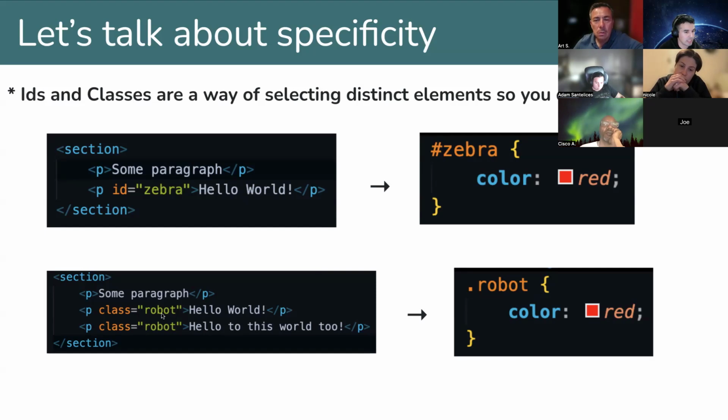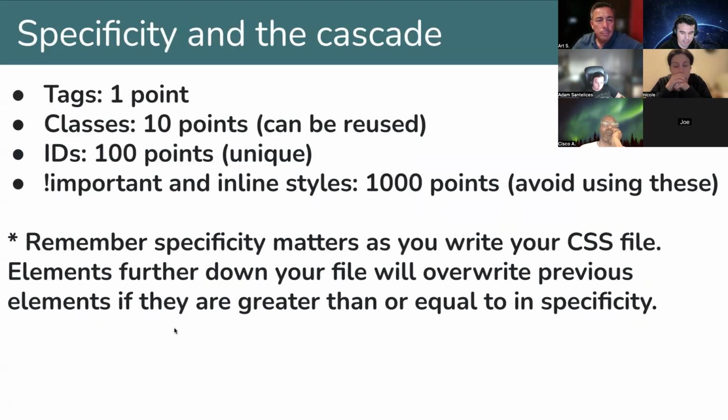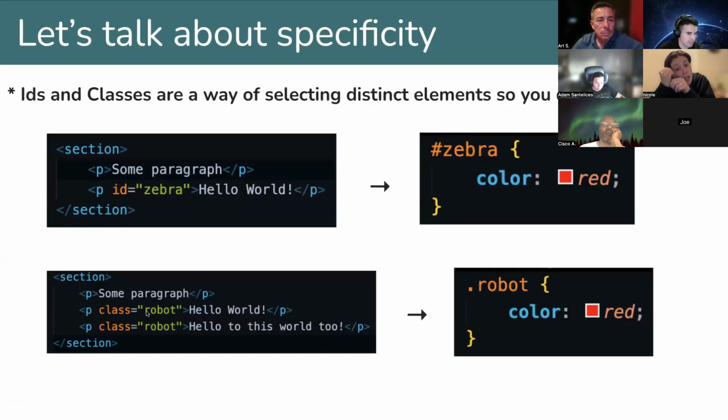I could even use two classes. I could have given this two classes, right? You don't see it here, but this could have been, oh, anyone ever watched the movie Wild Robot? If you haven't, I highly recommend it. It's so good. I could have named it class Wild Robot. And if I use both of those classes, that's 20 points. So yes, they stack.